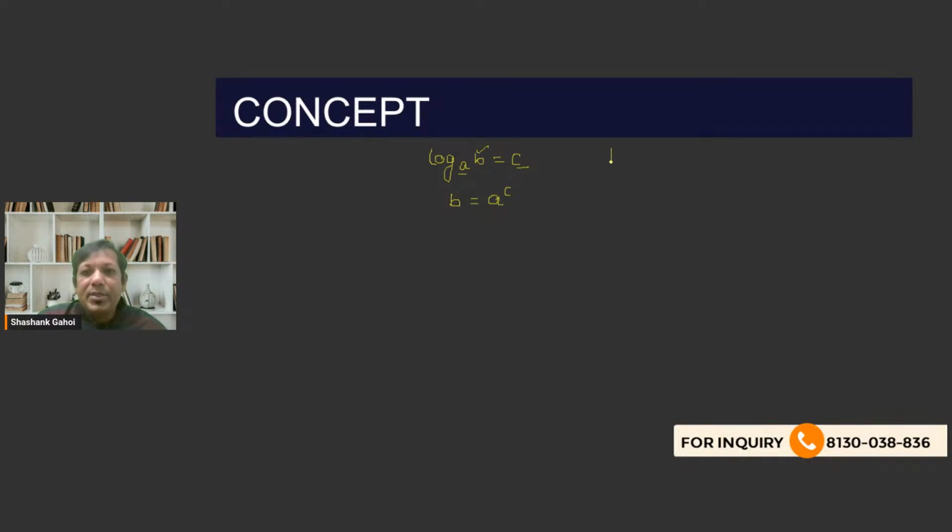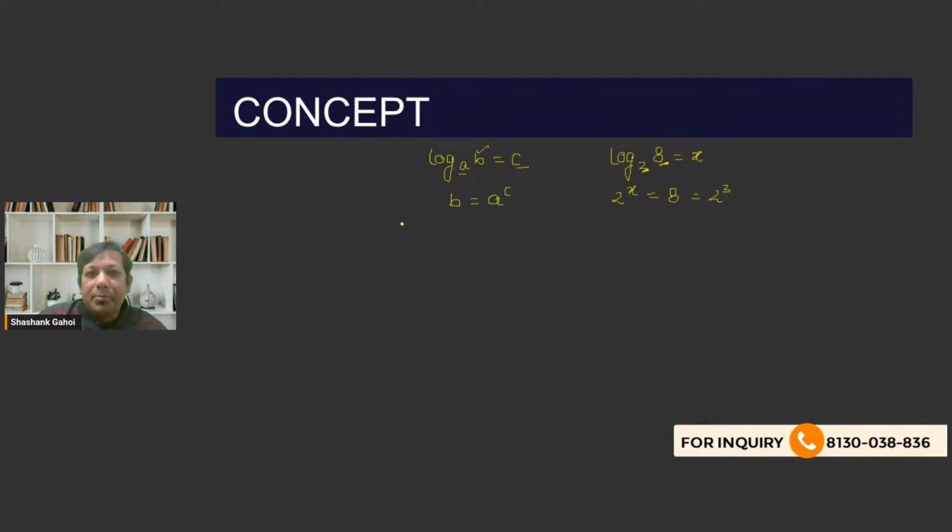For example, if I am saying log base 2 of 8 is equal to x, what is it? Basically it means that 2 power x is equal to 8. From here I can say 8 is equal to 2 cube, so that will give me that x is equal to 3. It says which power of this number is equal to this number. So this is what defines log.